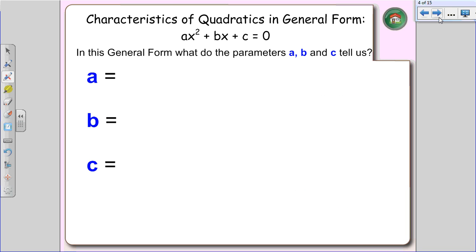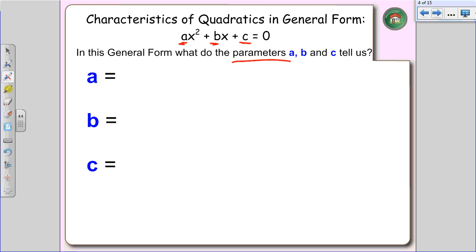We have something called parameters, and we've always called them other things, but the proper word we should be using is parameters. Those parameters are A, B, and C. They're constant numbers or coefficients that are in front of our x values. These parabolas actually tell us something, believe it or not.